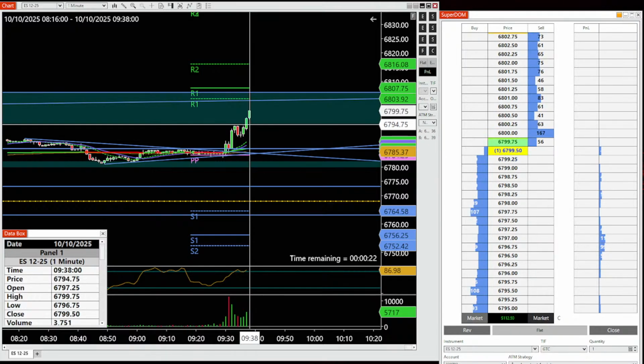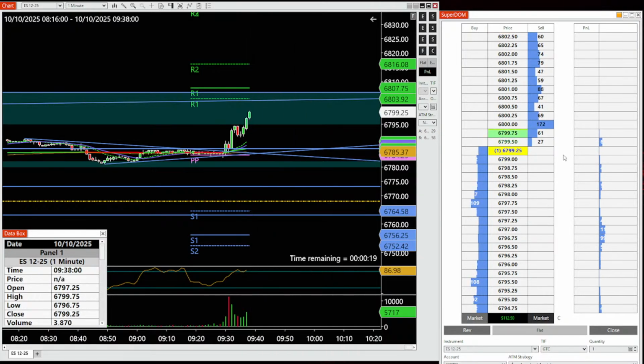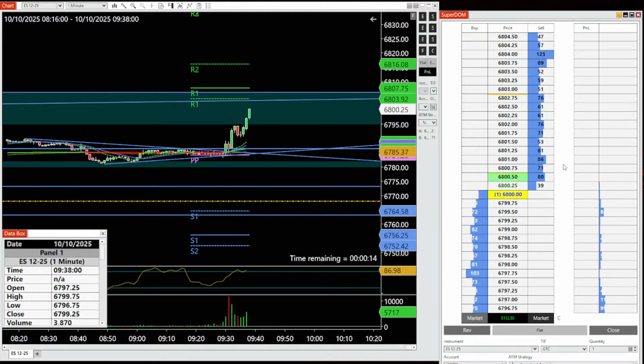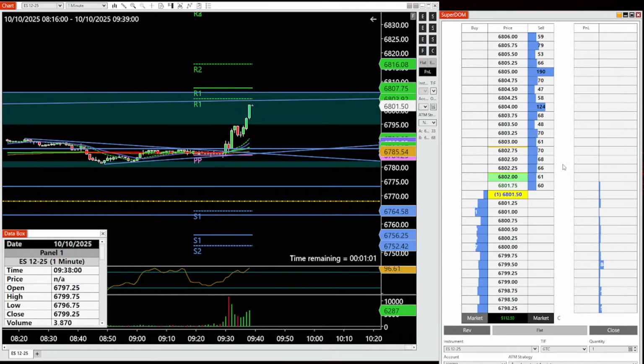Look at the 68. Take it to 68. Is it going to squeeze over, or is it going to pull back? I'm not taking that short. I would usually take the short, but we got news at 10 o'clock. Over and under 6,800, they may squeeze.